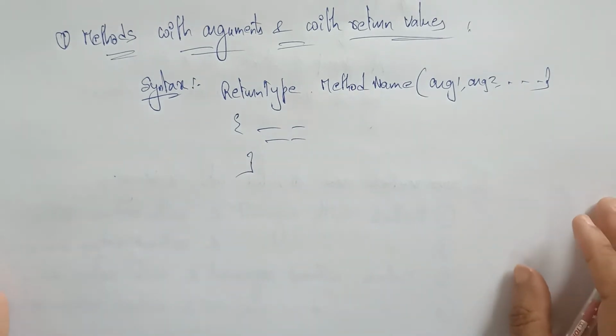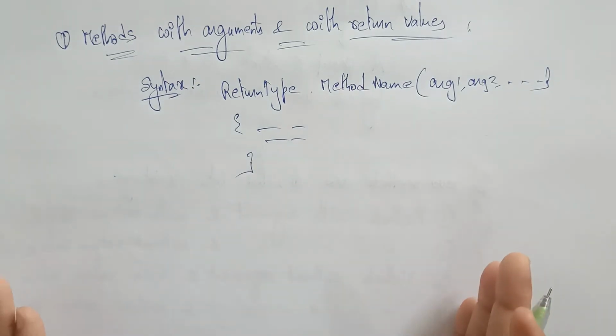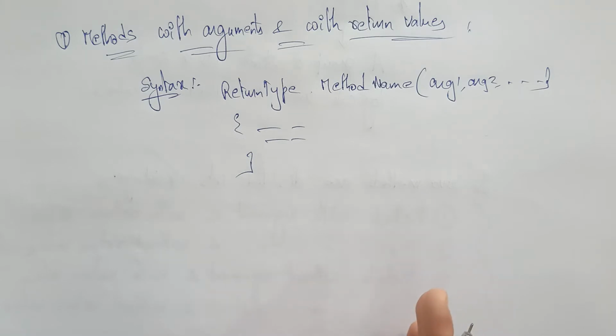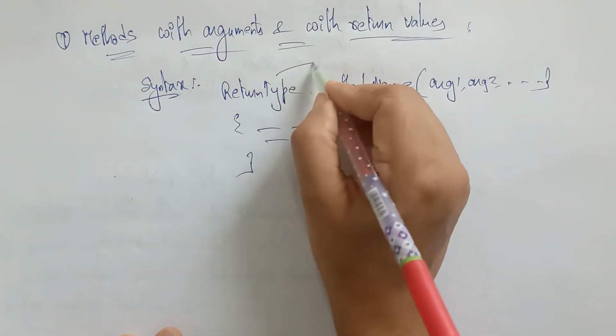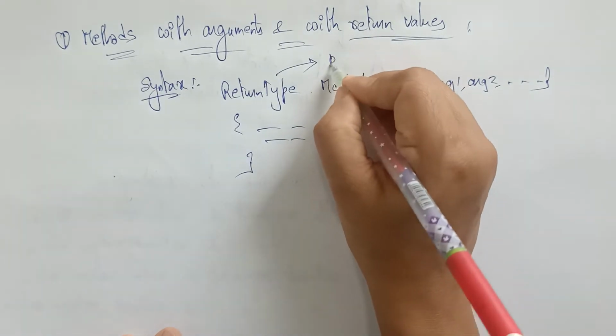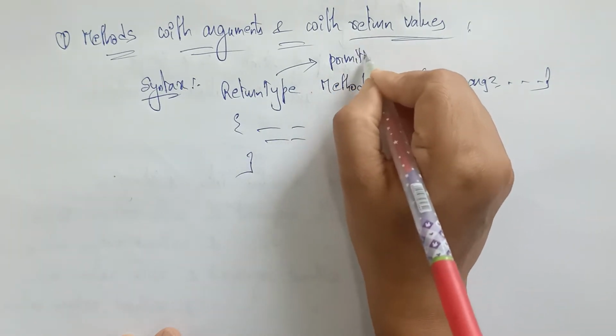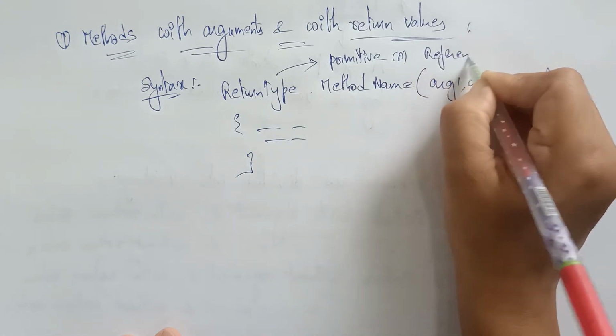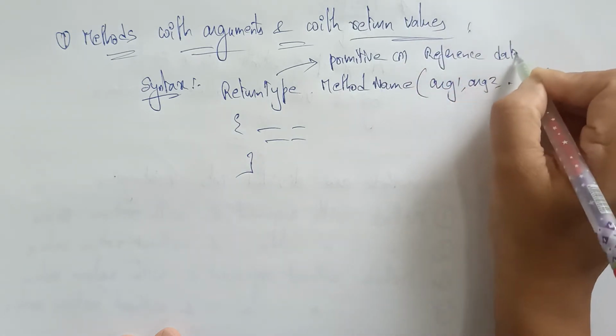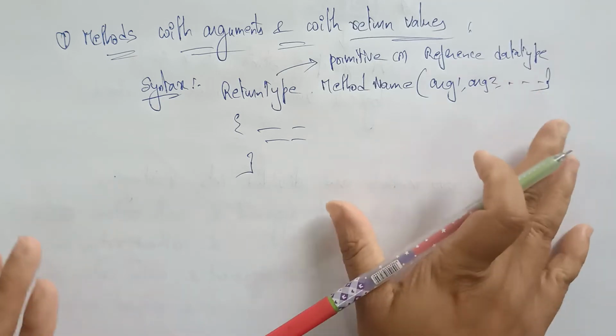This is a method with arguments, and with return value also. Here I mentioned the return type. This return type may be either a primitive data type or a reference data type. I'll explain what the primitive data type and the reference data type are.